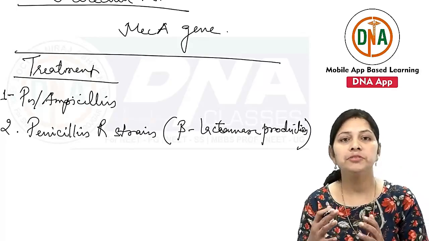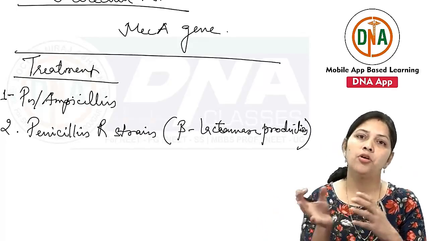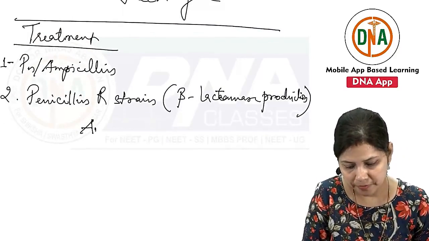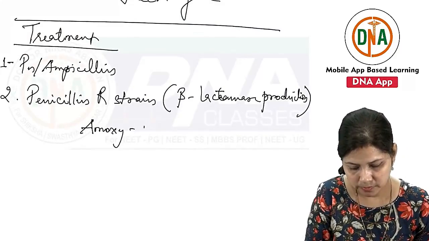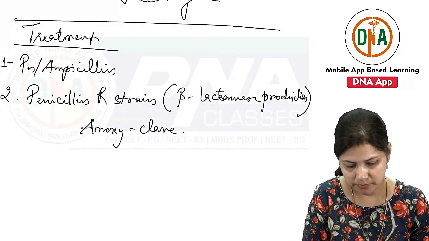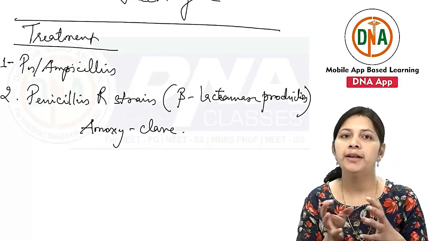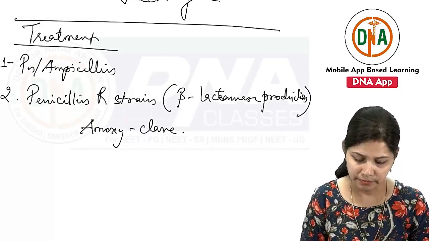So here we can give the inhibitor combination of the beta lactamase, like amoxiclav, that is the amoxicillin and clavulanic acid.